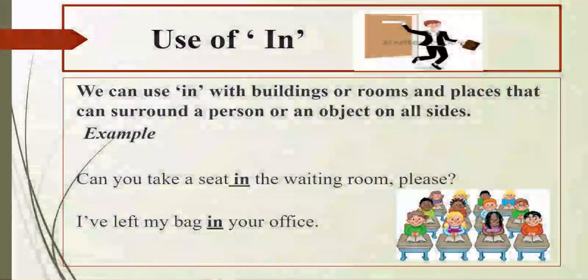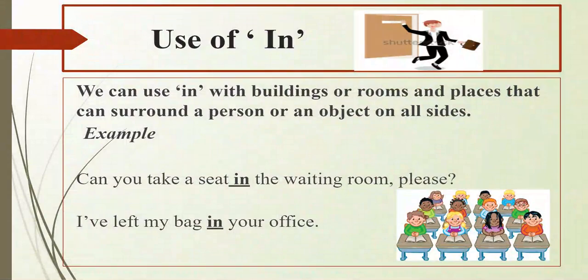In is also used when we are talking about buildings, rooms, places that surround a person or an object on all sides. When you are inside walls, like, can you take a seat in the waiting room, please?